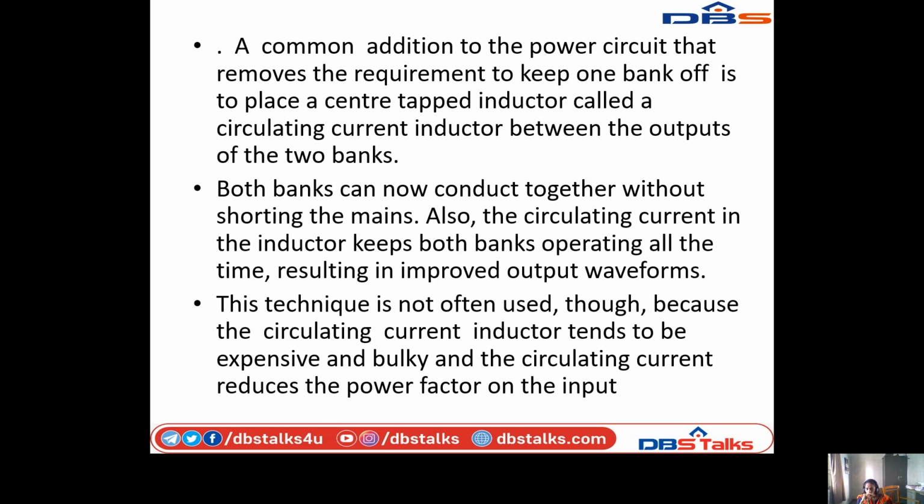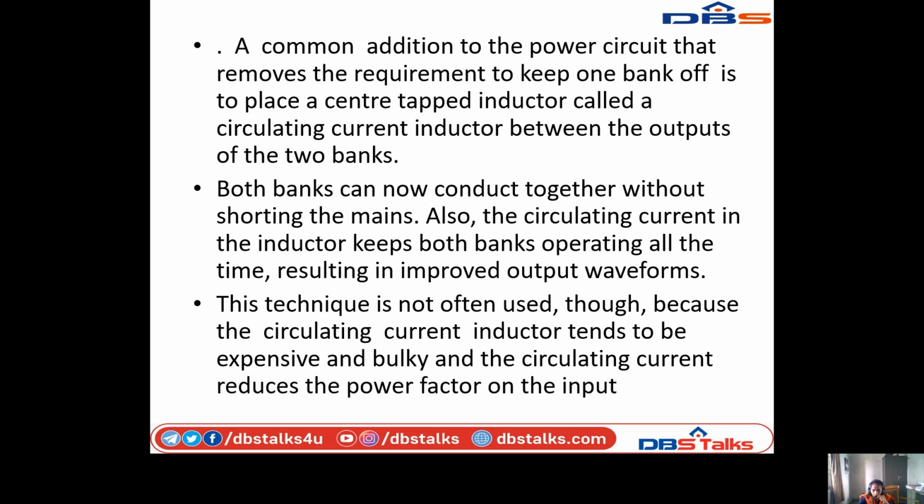Both banks can now conduct together without shorting the mains, and the circulating current in the inductor keeps both banks operating at all times, resulting in improved output waveform. So this technique is not often used. Why? Because the circulating current inductor tends to be expensive and bulky, and circulating current reduces the power factor on the input. That's why we operate only one bank of thyristors and the other half stays in the off state.